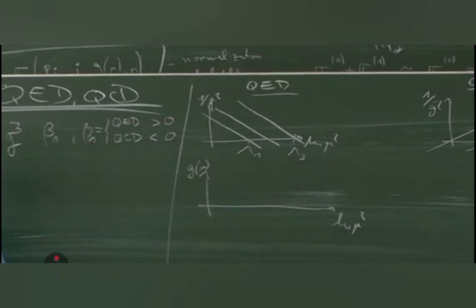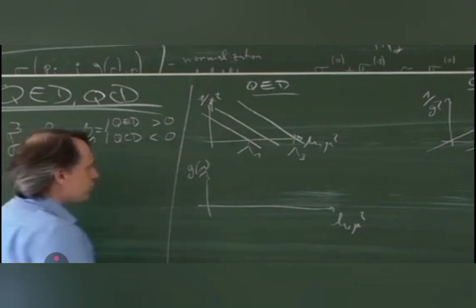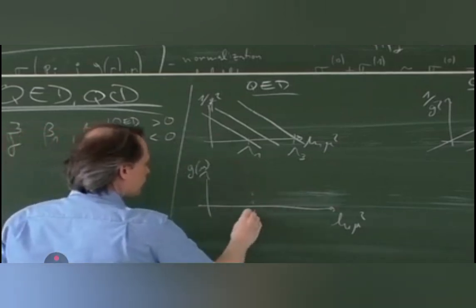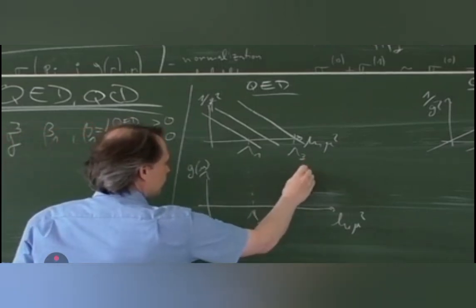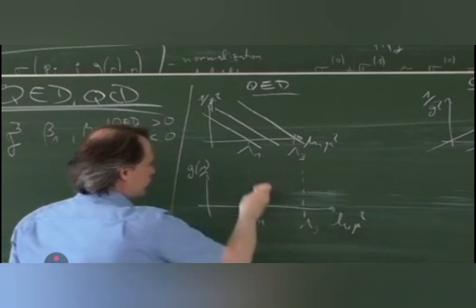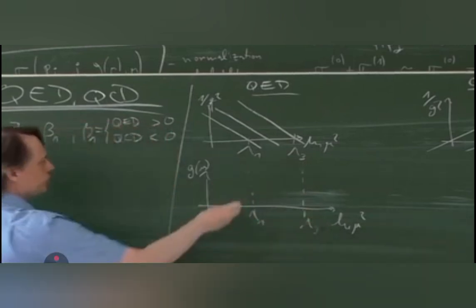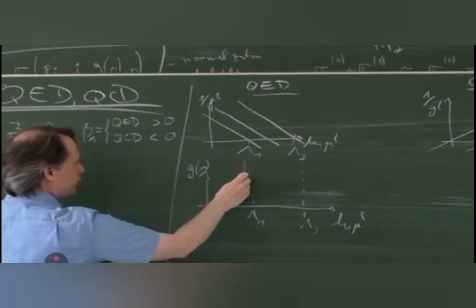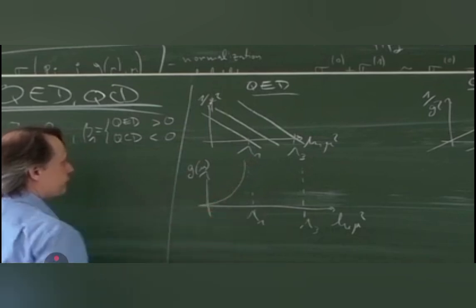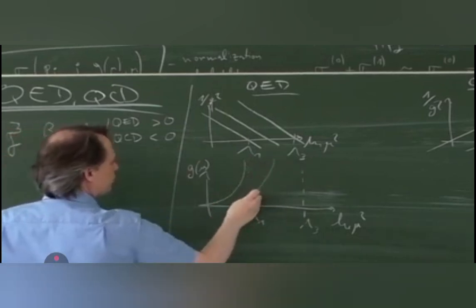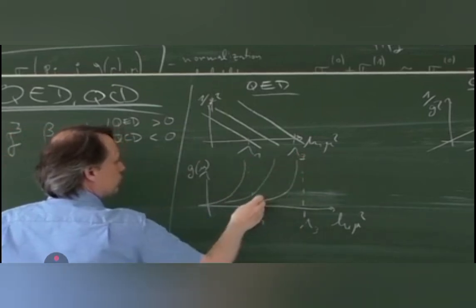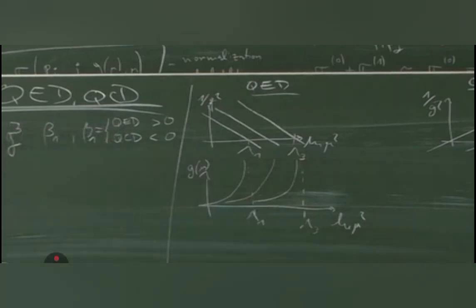Then for this particular trajectory at the value lambda 1 or lambda 3, we would have a pole. The coupling goes to infinity and it behaves therefore like this, or like that, or like this. These are the 3 trajectories. And so to the left, they go to 0 smoothly. They simply go to 0.